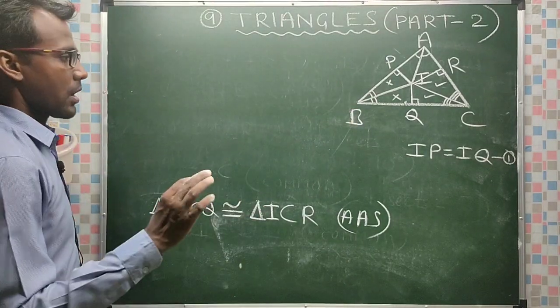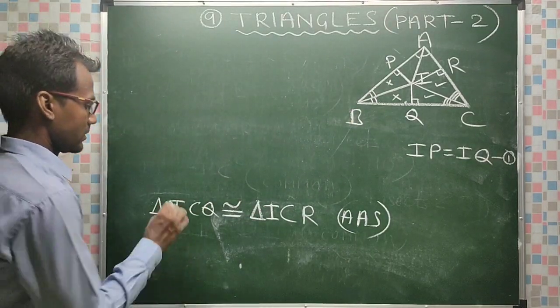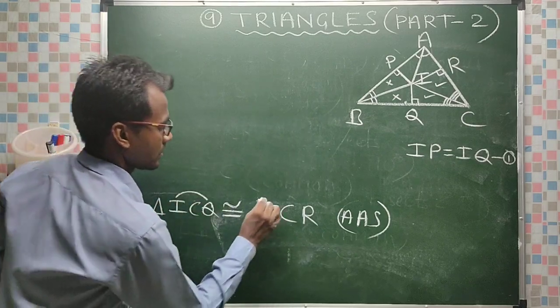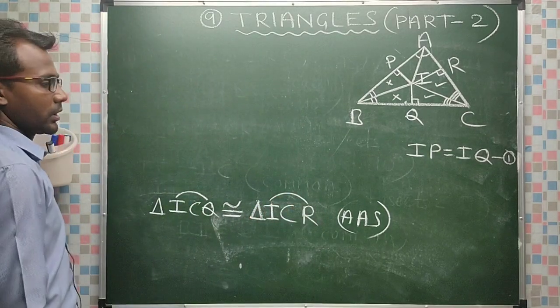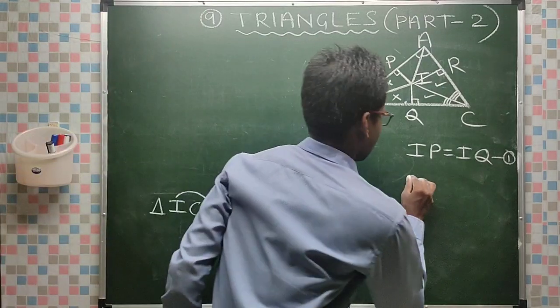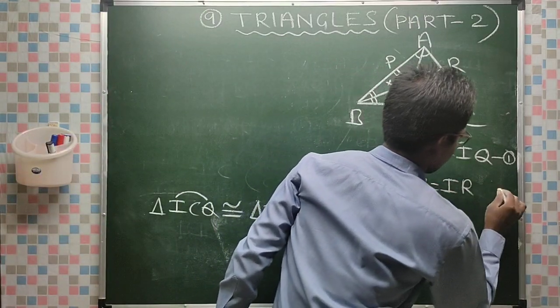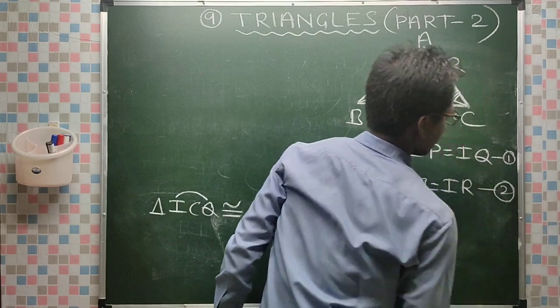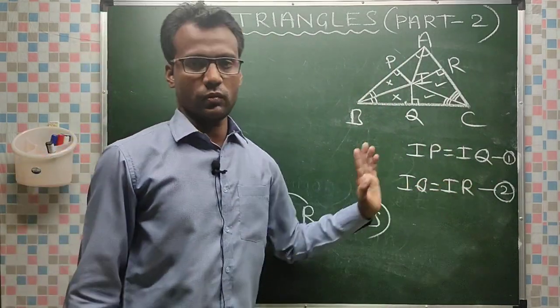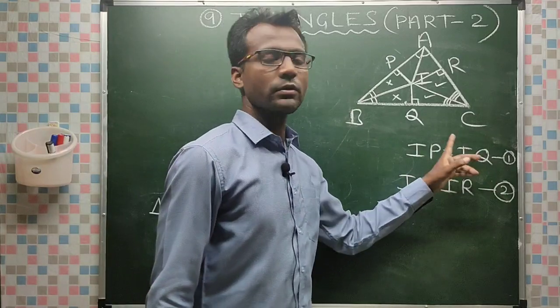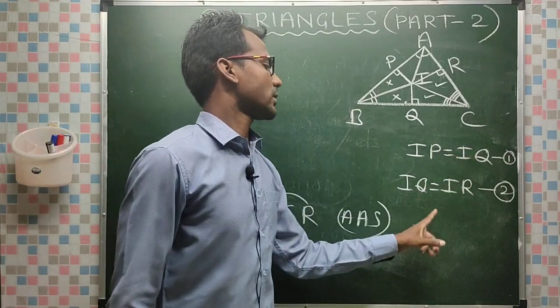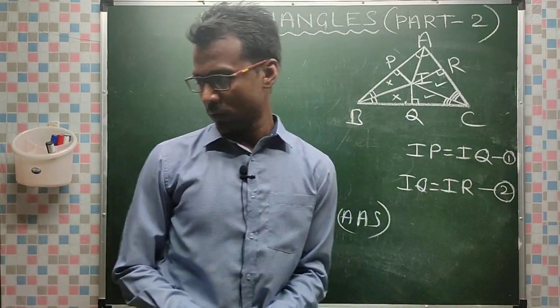Our next target was IQ and IR. So we can write IQ is equal to IR, by CPCT, equation 2. IP equal IQ, equation 1. IQ equal IR, equation 2.